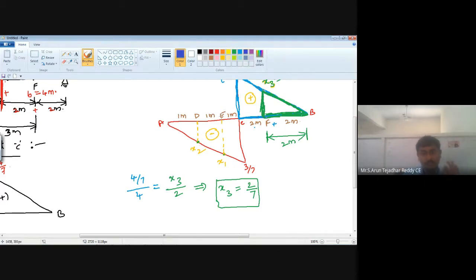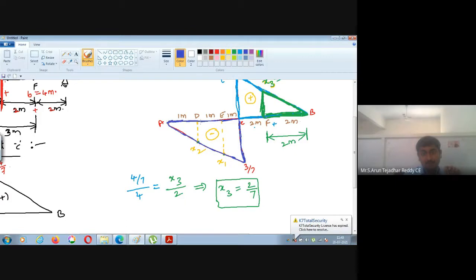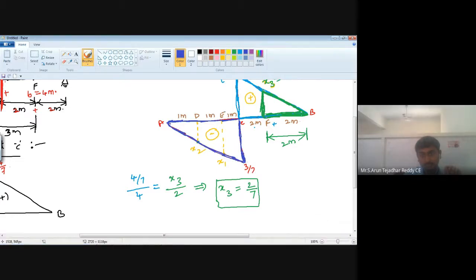Blue color. First of all, find out the bigger triangle. This blue color. So this entire blue color is the bigger triangle. Okay, from this bigger triangle, what is the perpendicular?